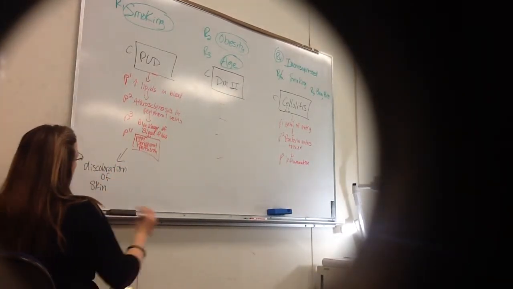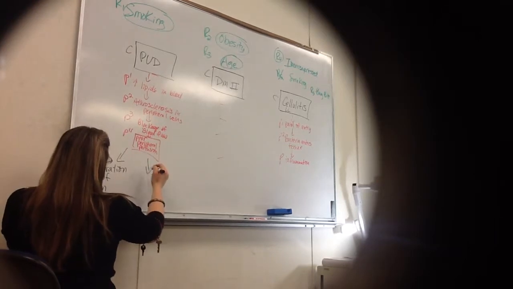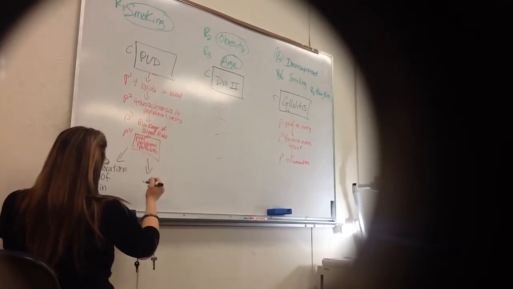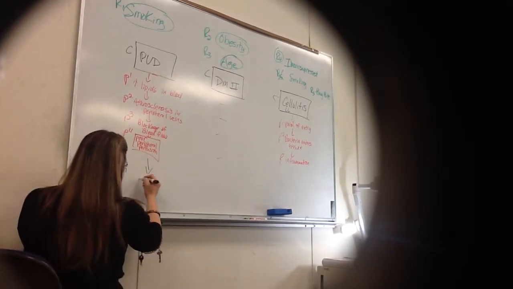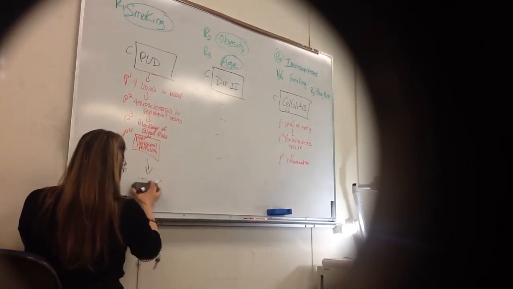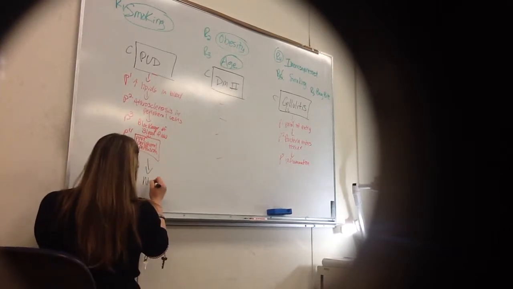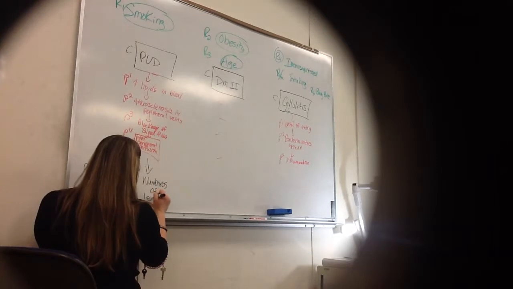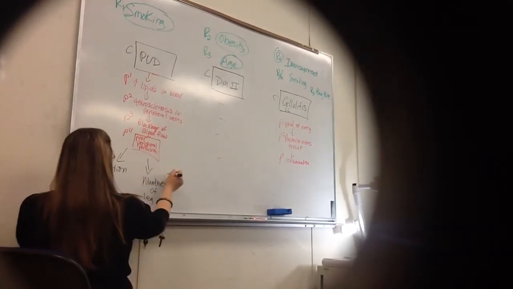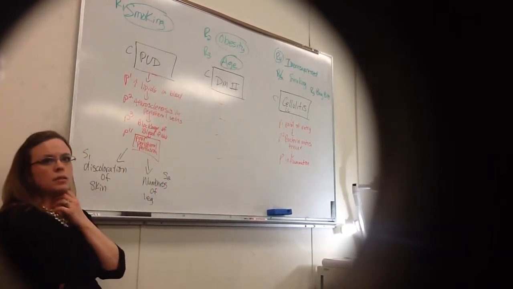Okay. It could be tingling. Or we'll put numbness. I like numbness better because I'm going to tie that in somewhere else. Okay. So that's S1, S2. Does that make sense?